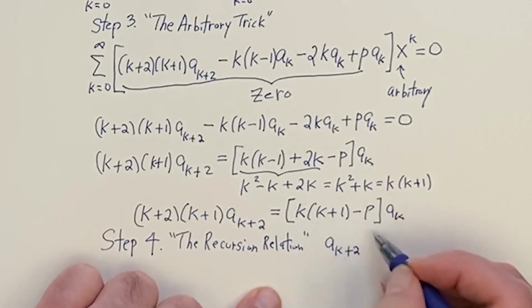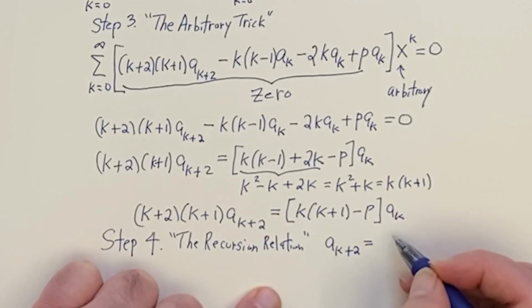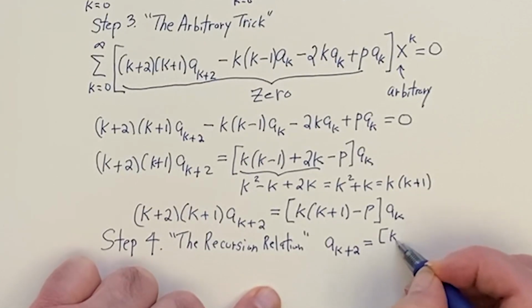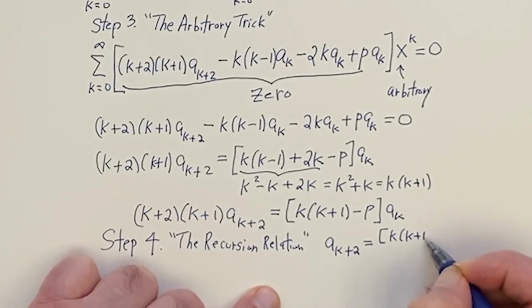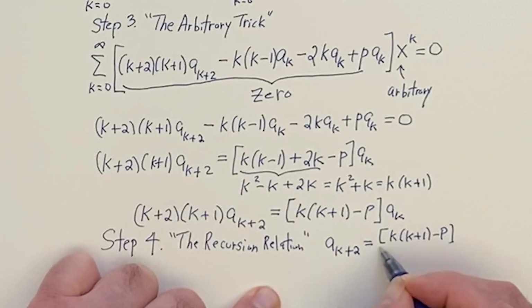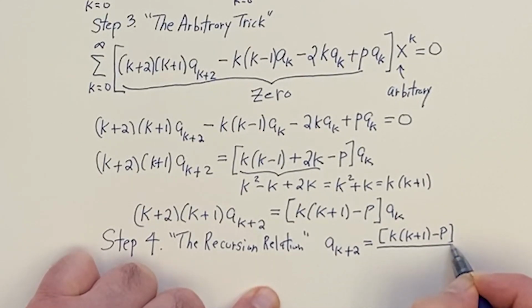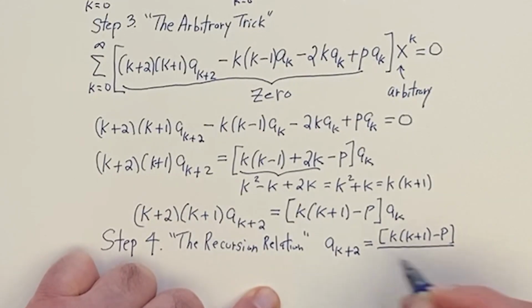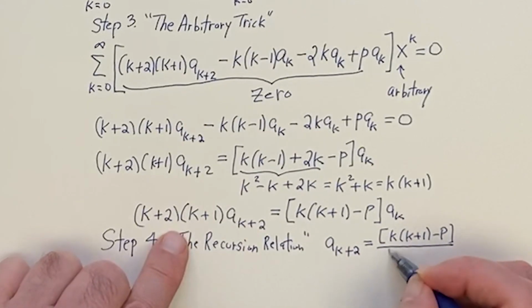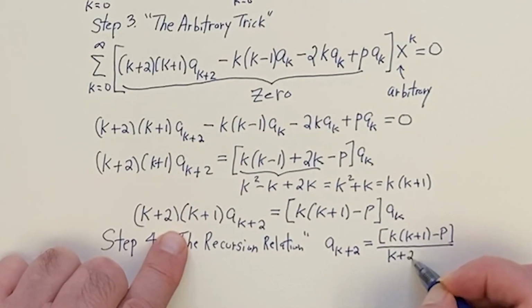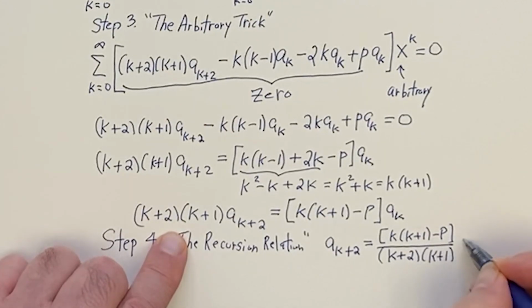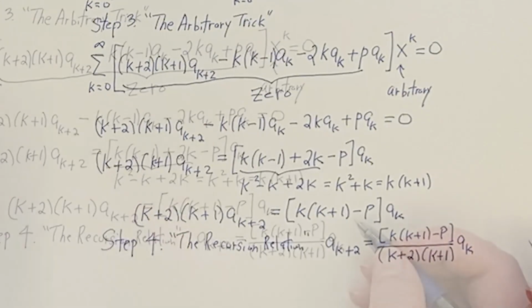You're basically solving for that. It's going to be k plus 1 minus p, and we're going to be dividing by the stuff on the left here, k plus 2 and k plus 1, and this is a sub k.